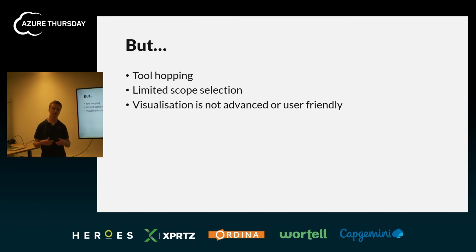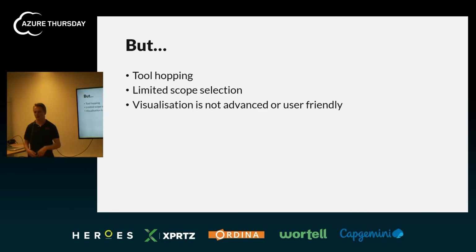And when I want to compare it to another app service, for example, I have to open another tab in my browser and search for that particular app service, because I cannot overlay the two apps on top of each other.